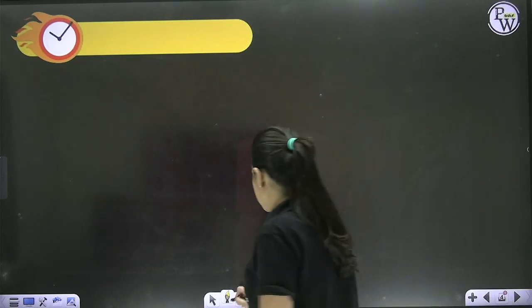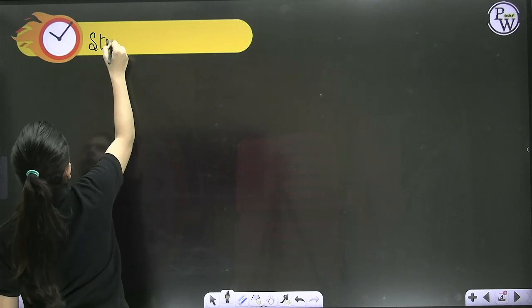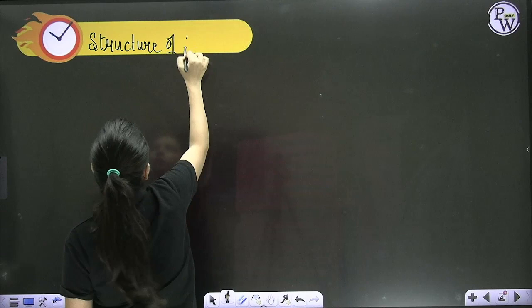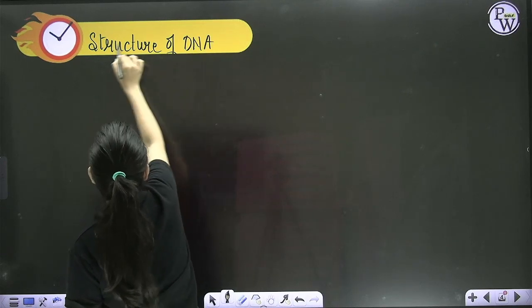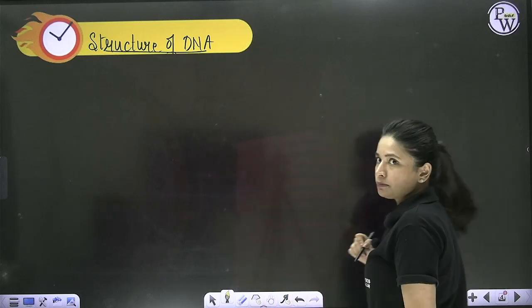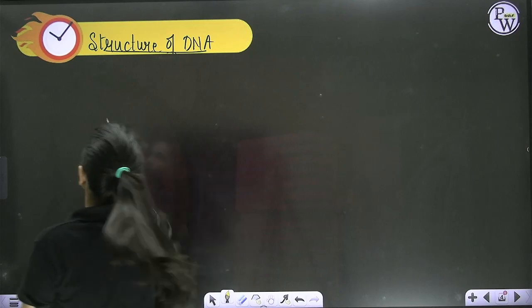Now, first, starting with the structure of DNA, very, very important. So, beta, we have the most accepted model, that is the model proposed by Watson and Crick, right?